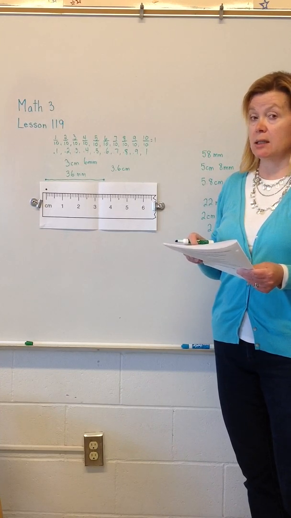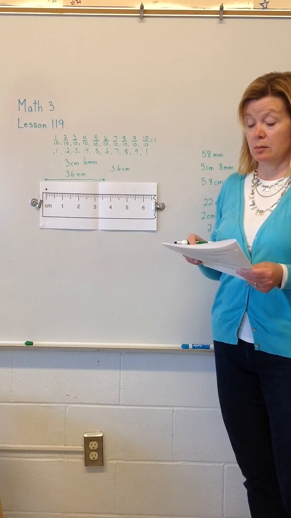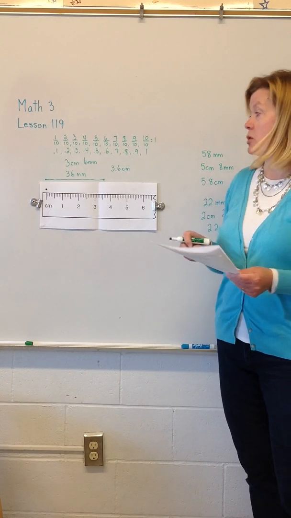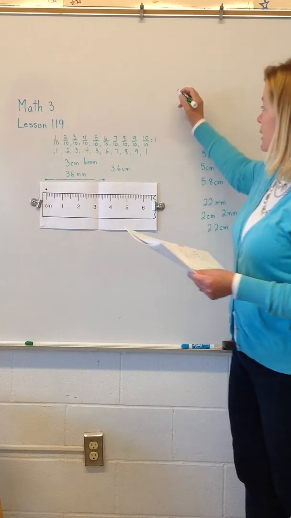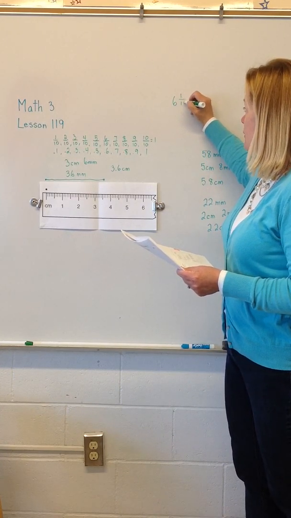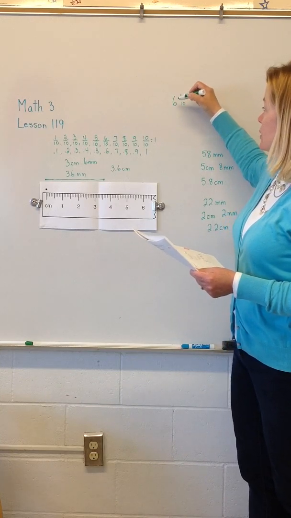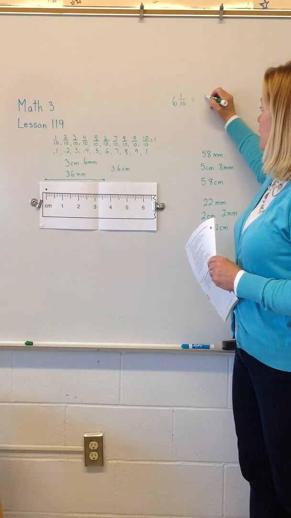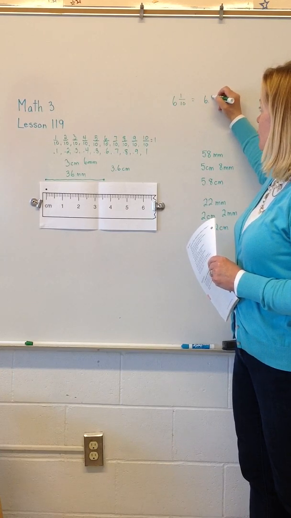You need to write 6.9 as a mixed number. So a mixed number would look like this. I'm giving you an example. So if you were to do 6 and 1/10, you need to tell me that this is 6.1.